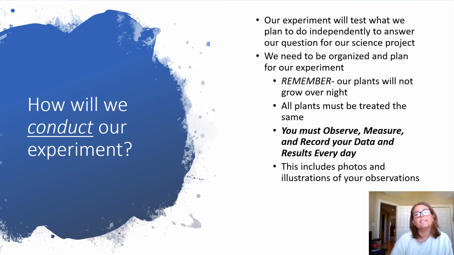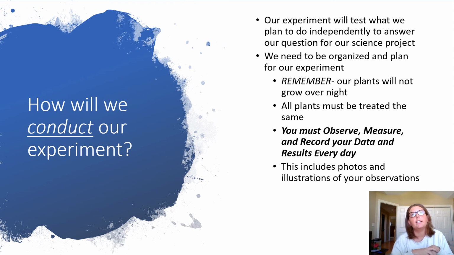Our experiment will test what we plan to do to answer our question for our science experiment. So this is when we conduct our science experiment. This is when it becomes really important to be organized and to make sure that we have all of our ducks in a row. We need to remember that for this particular experiment and for a lot of other science experiments, our results are not going to happen overnight.